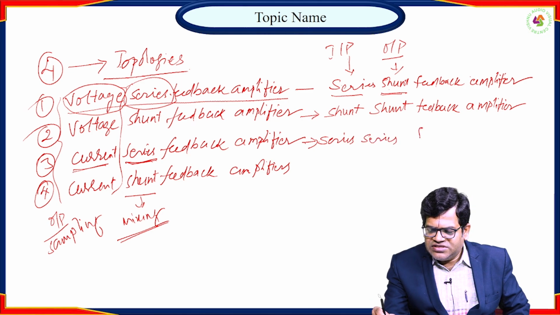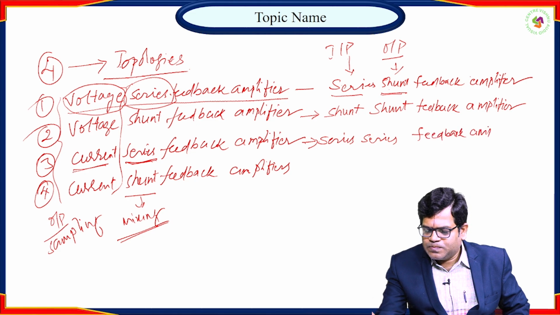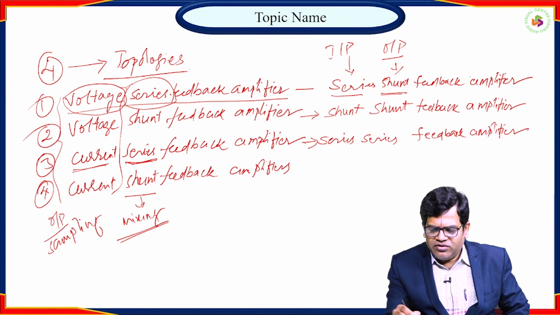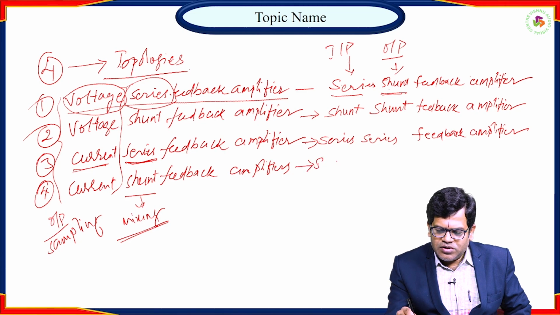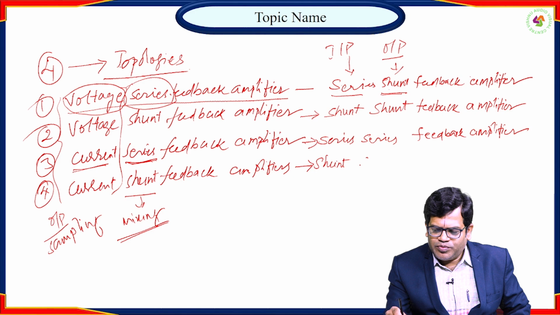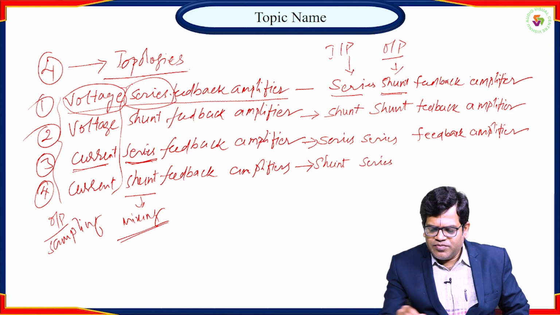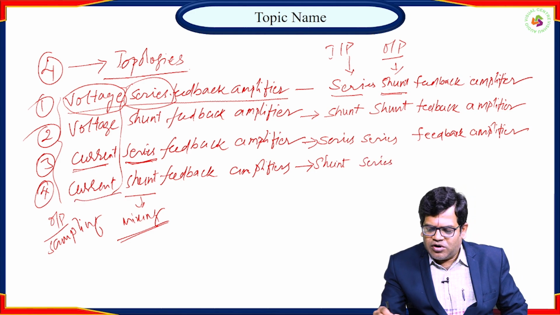This is called the series series feedback amplifier. And finally, the fourth one: input is shunt, output is series, because the output parameter is current here. So this is called the shunt series feedback amplifier.